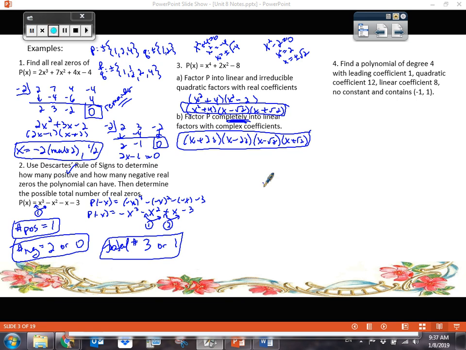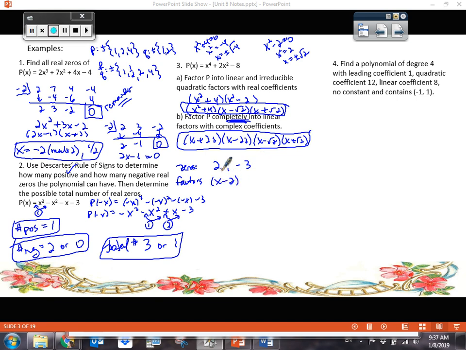Now I've got to do a side note here because there's a place students get a little confused, so stay with me for a minute. Let's say that I have a zero of 2 and a zero of negative 3. These are zeros. Now let's say I want the factors that correspond to those zeros. You probably do it without thinking. My factor here would be x minus 2.